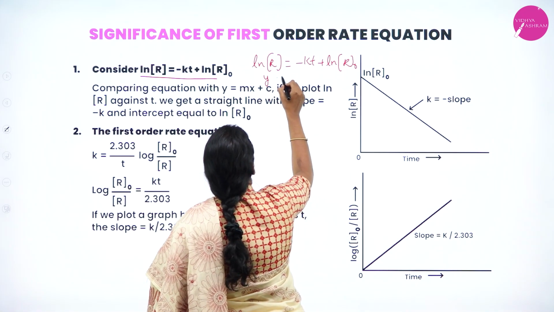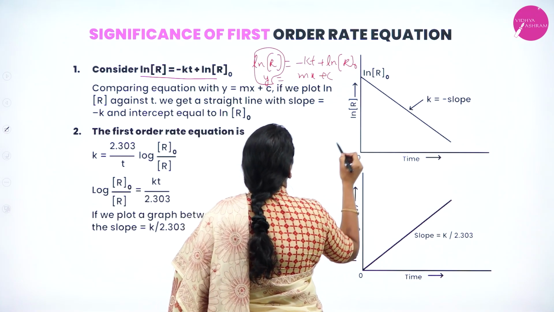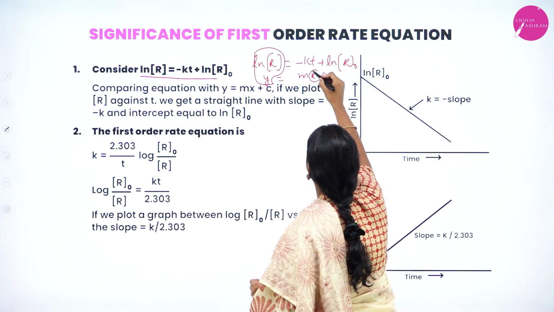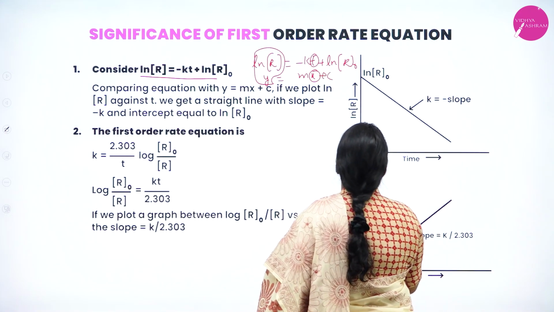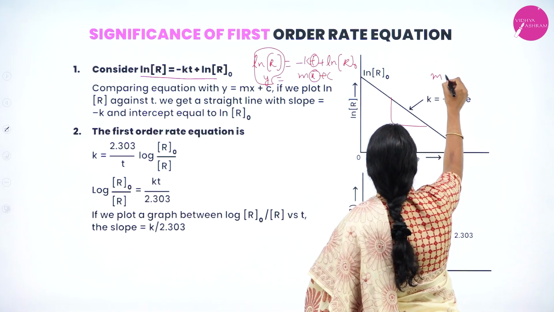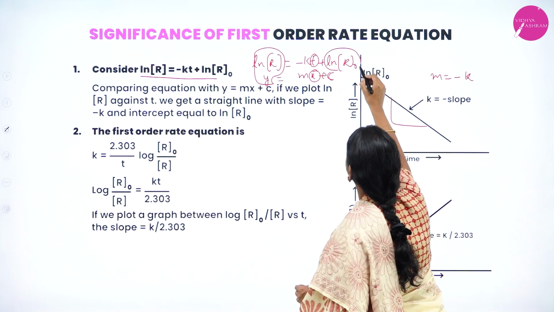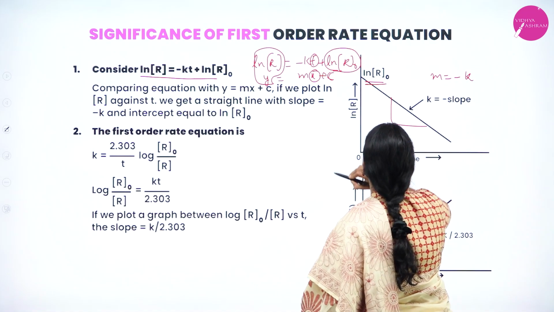If I compare with y is equal to mx plus c, in place of y we have log natural R, in place of x we have t, time. Therefore, m is the negative slope, m is equal to minus k, and c is the y-intercept. In place of c, we have log natural R0.